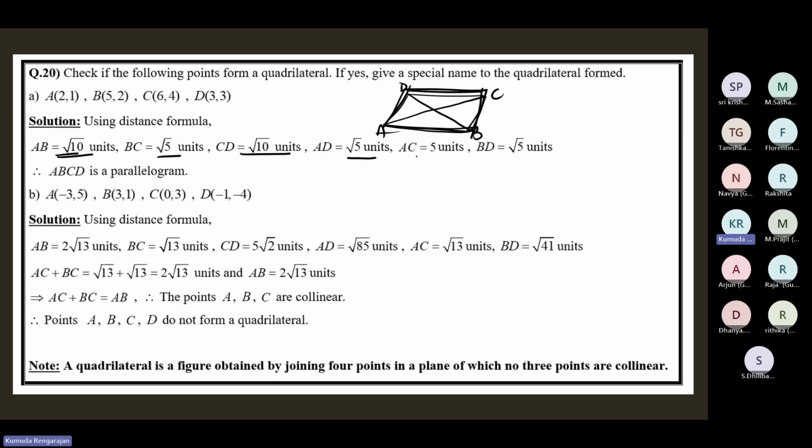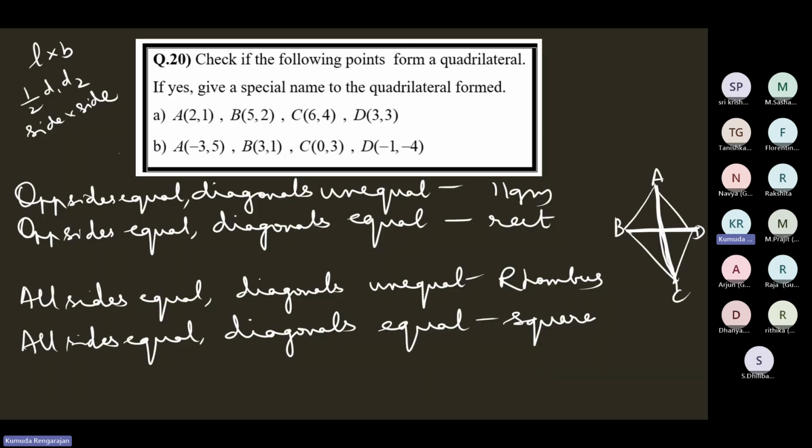Now you have to find the diagonals also, because you'll have to check if it's a quadrilateral. You will understand why in the B subdivision. I said you don't have to find the diagonals in the case where the points form a quadrilateral and you have to show that it's a parallelogram.